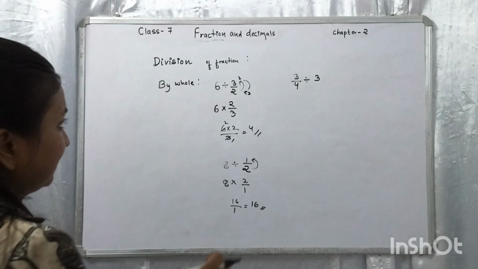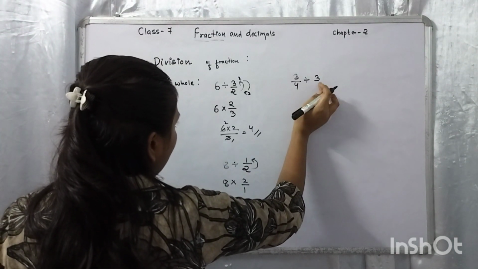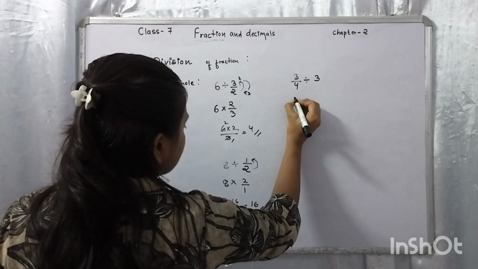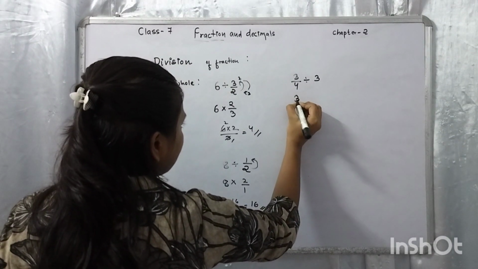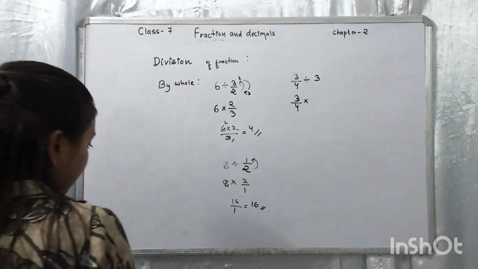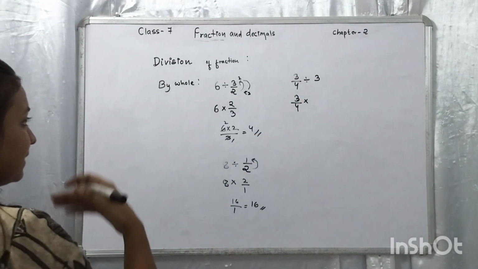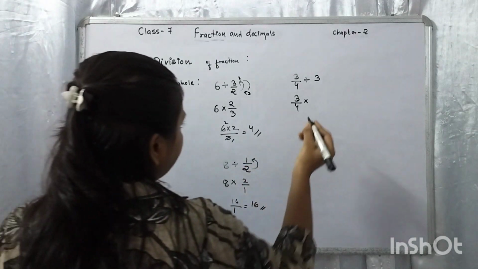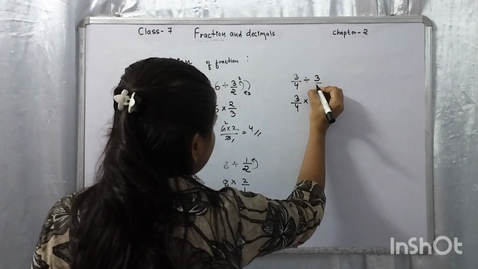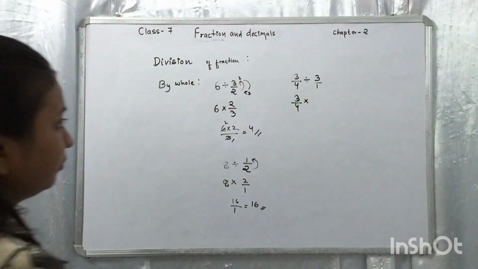Now let's take another question where you have a pure whole number on this side. So as I told you, you will keep this number as it is. Now you will make a multiplication sign. Now how reciprocal will happen here is, you will assume that there is 1 below this number.